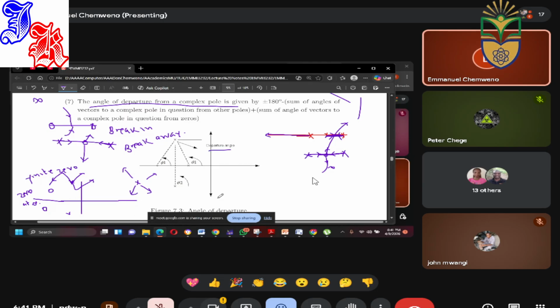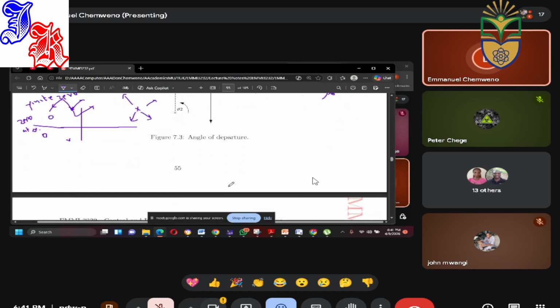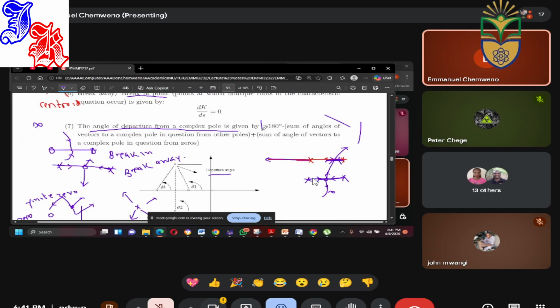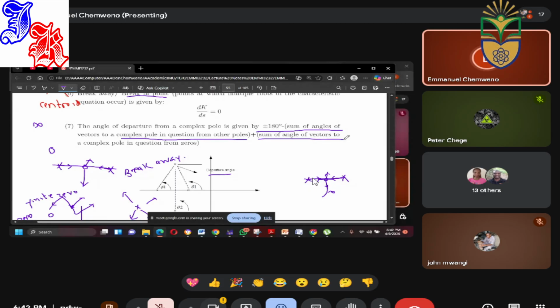This is known as the angle of departure, and it is found from this expression: 180 plus the sum of angles of vectors to a complex pole in question from other poles, minus the sum of angles of vectors to the complex pole from other zeros. Let me explain that.